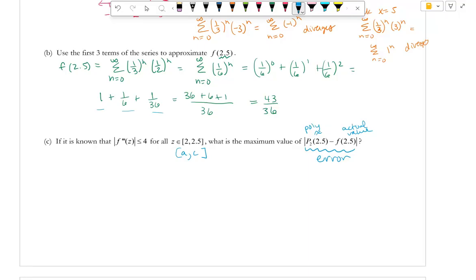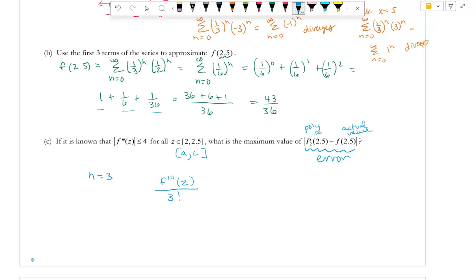So my maximum error is going to involve the third term where n equals 3. So it's the third derivative at some value over 3 factorial.